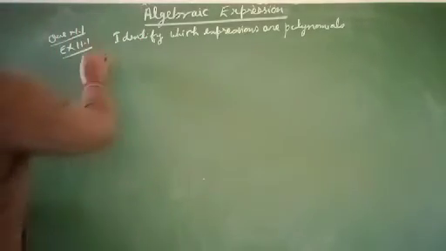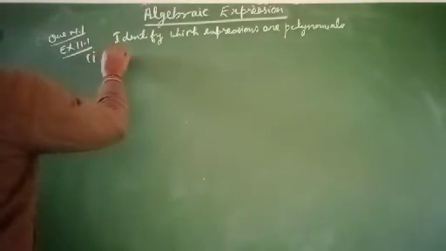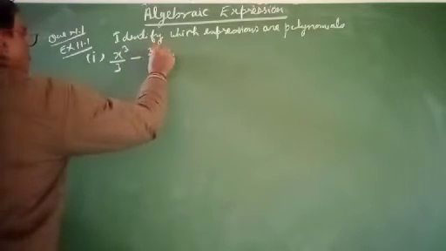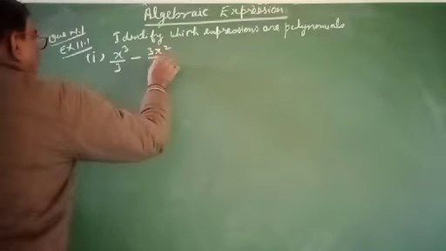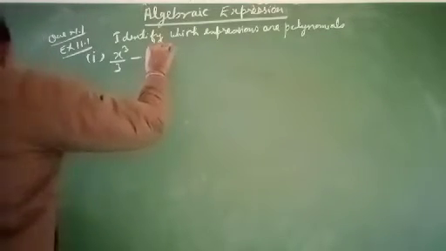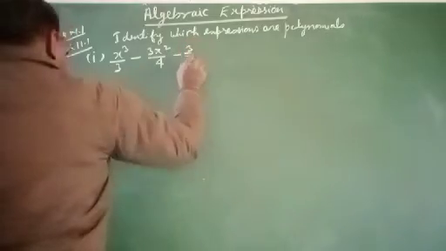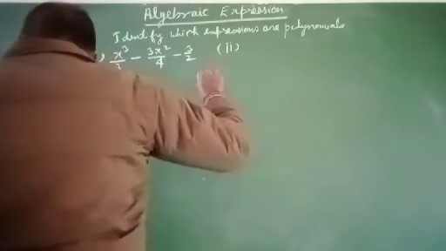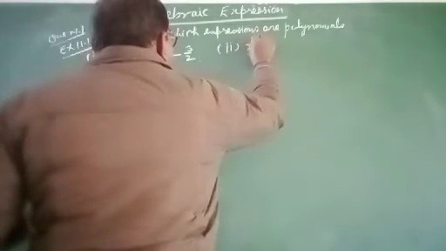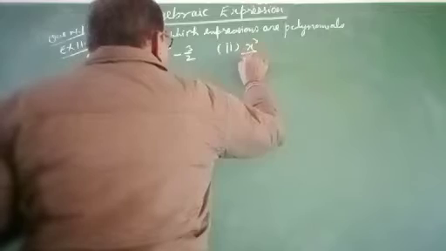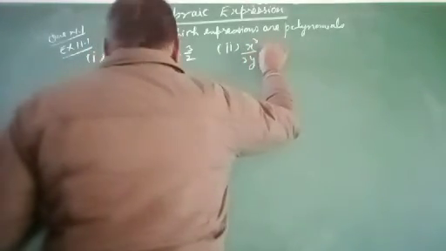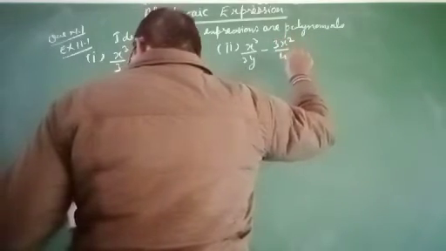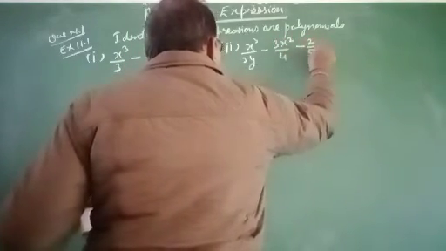The first expression is x cube upon 3 minus 3x square upon 4 minus 3 by 2. The second is x cube upon 3y minus 3x square upon 4 minus 2 upon 5.